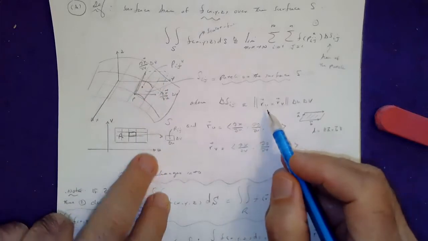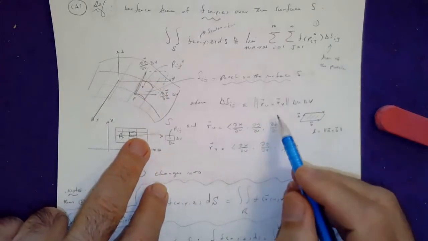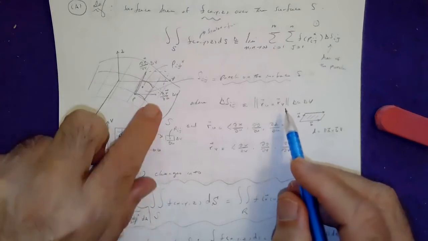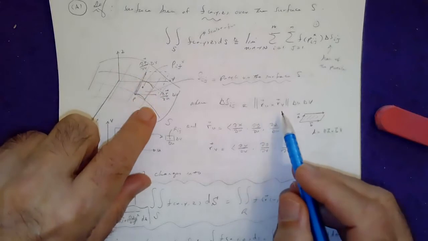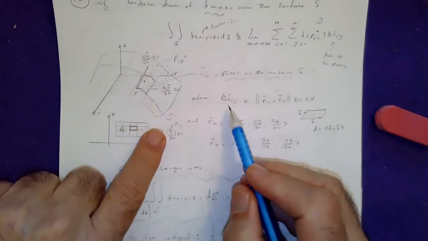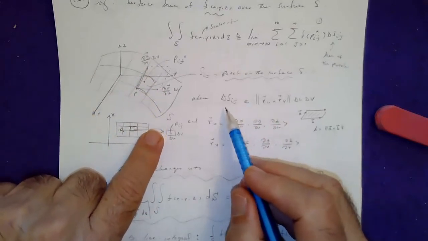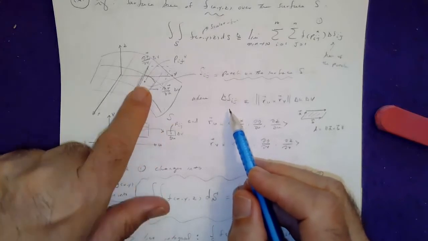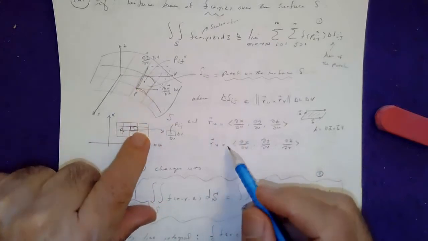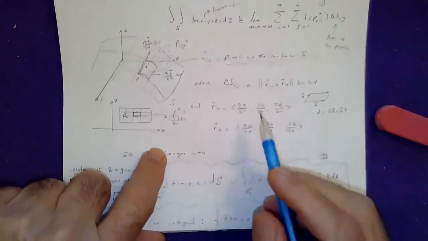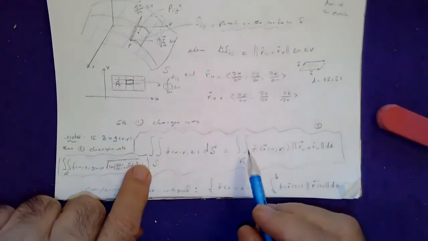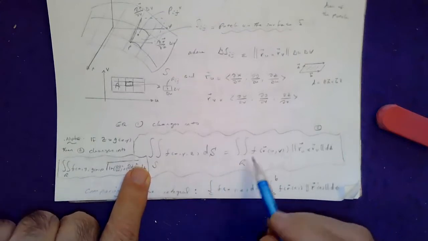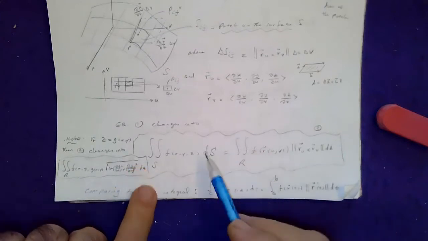If I take the magnitude of the cross product of these two vectors, that gives me delta S, the surface area element of that little patch. So ultimately we get the following formula for computational purposes.